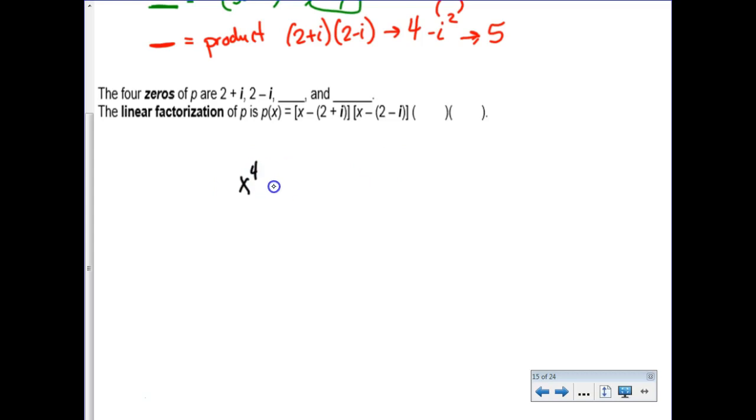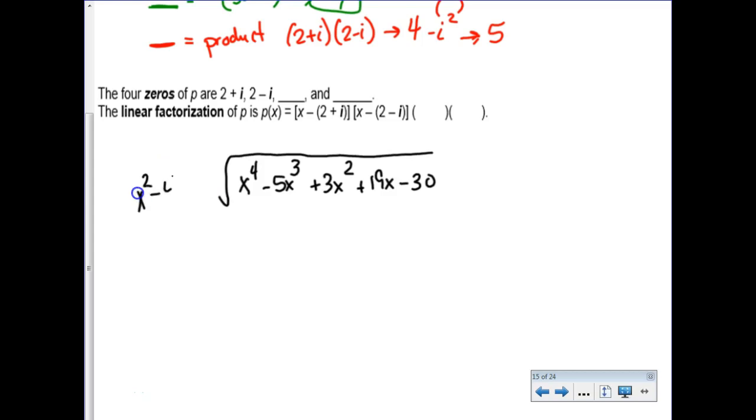All right, x to the 4th minus 5x to the 3rd plus 3x squared plus 19x, minus 30. And we're choosing long division with this new and improved quadratic we just came up with. So just so we're clear, this quadratic is a combination of the two complex zeros that we were told.